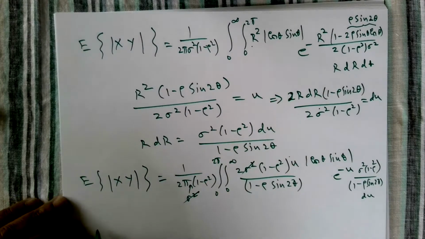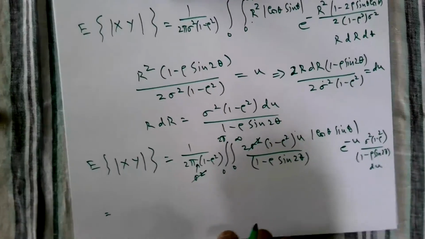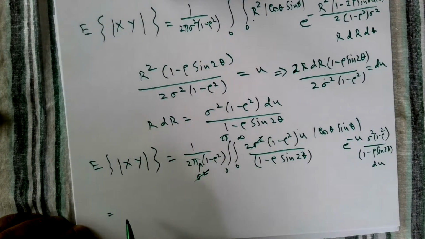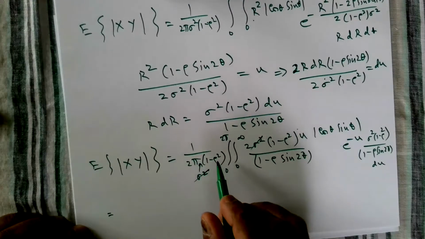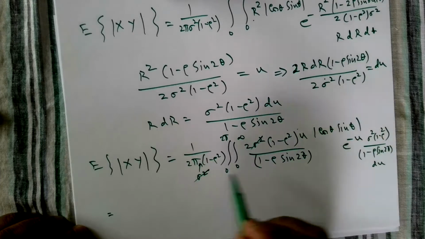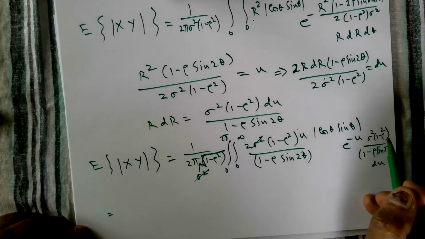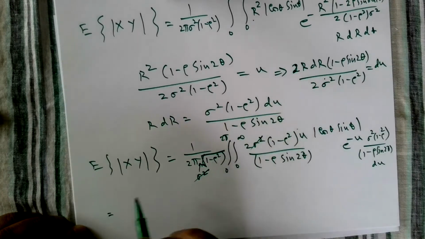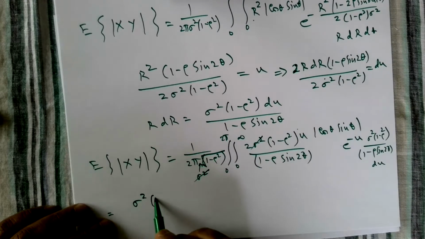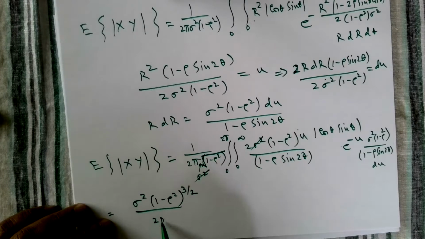The 1 minus rho squared also cancels partially, and here you have a square root. So in the numerator you have sigma squared multiplied by 1 minus rho squared to the power 3 by 2, over 2 pi.